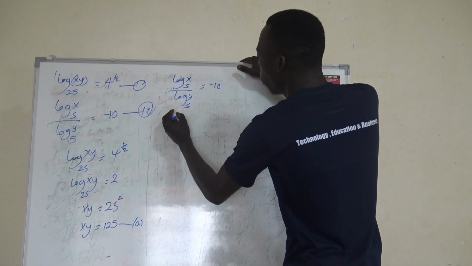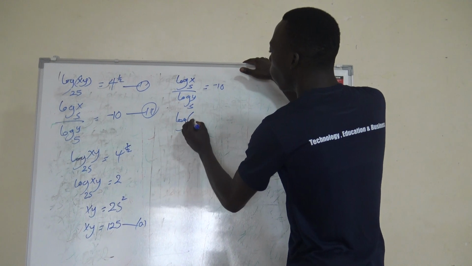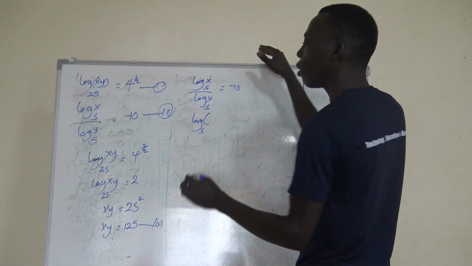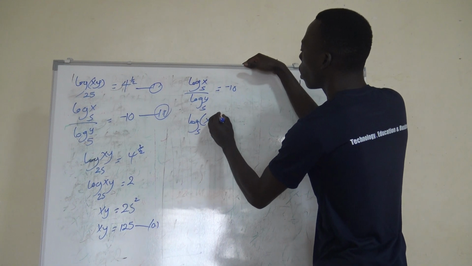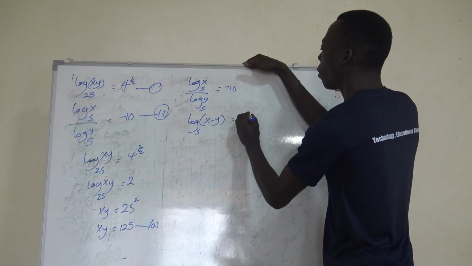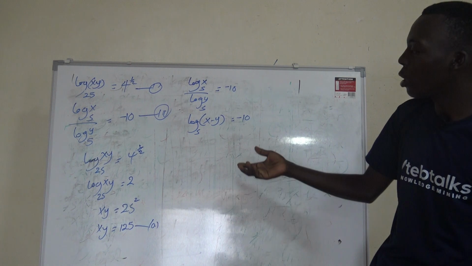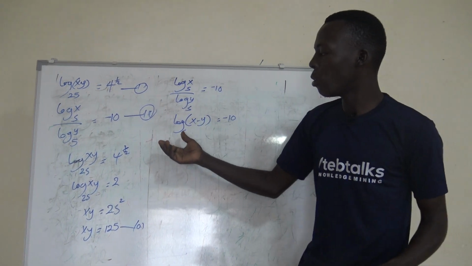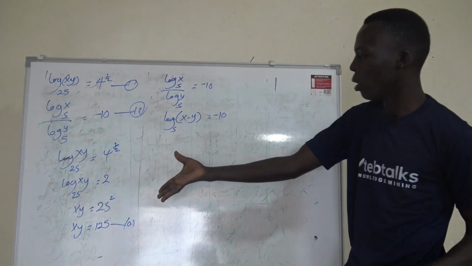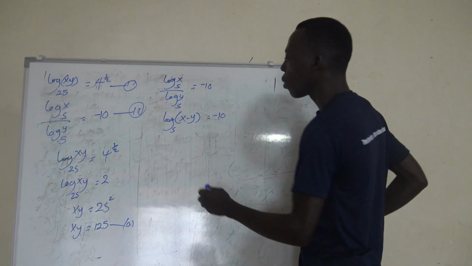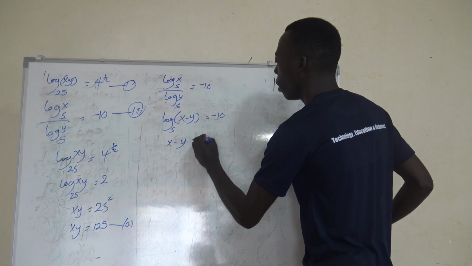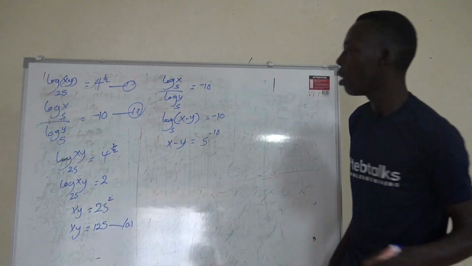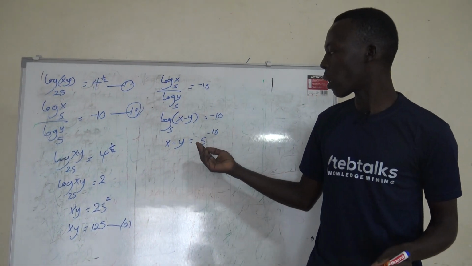So this would be the log, because it is base 5, of x over y equals -10. Now we introduce the other law again. So it becomes x over y equals 5 power -10. So that is what we get.